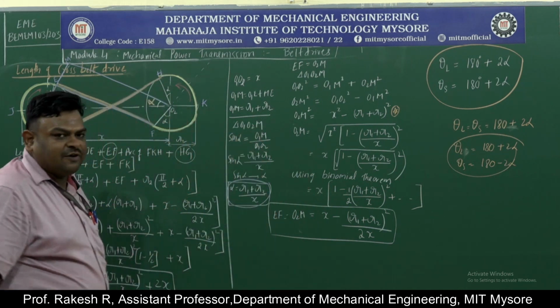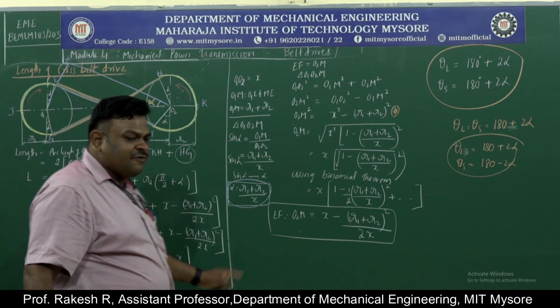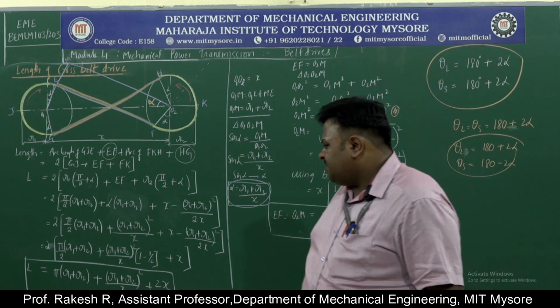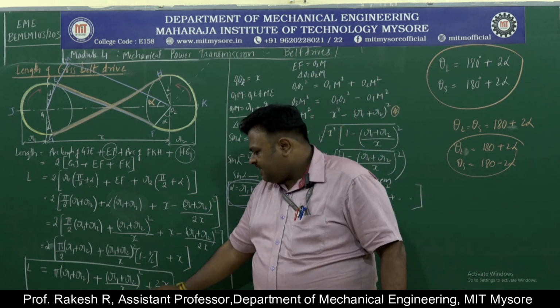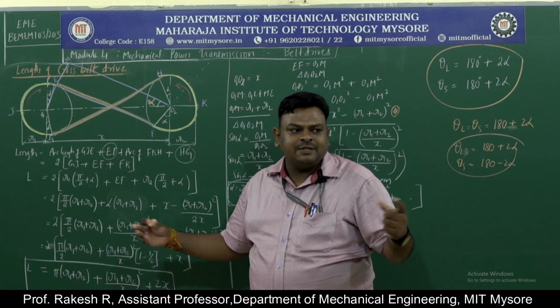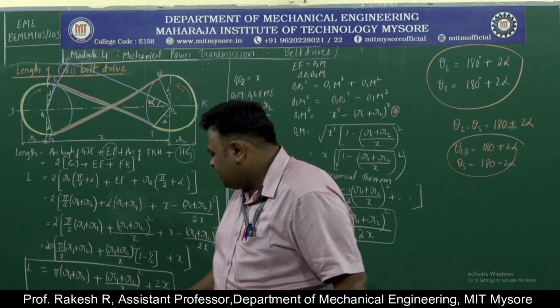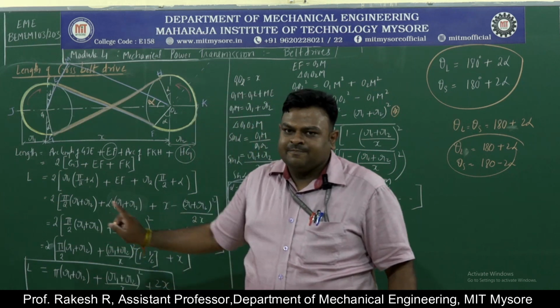So this derivation you have to observe, and this is the length of cross belt drive. The difference here is, if it is an open belt drive, you will get R1 minus R2. If it is a cross belt drive, R1 plus R2. That's all. This is the only difference. Middle term will be varying here.